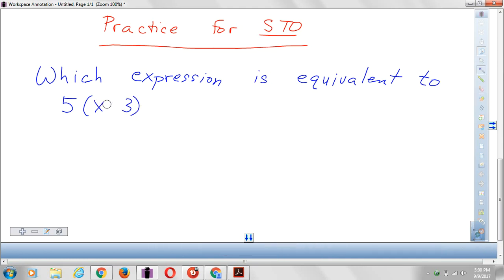Actually, let's make it a little interesting. Let's put minus 3. 5 times x minus 3. It should be a minus in the middle. X minus 3. There we go.